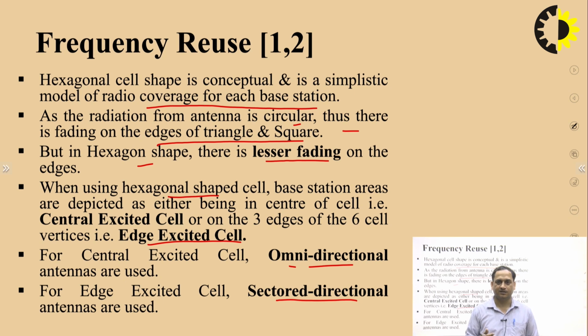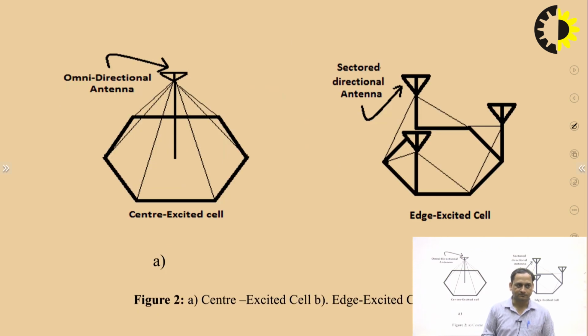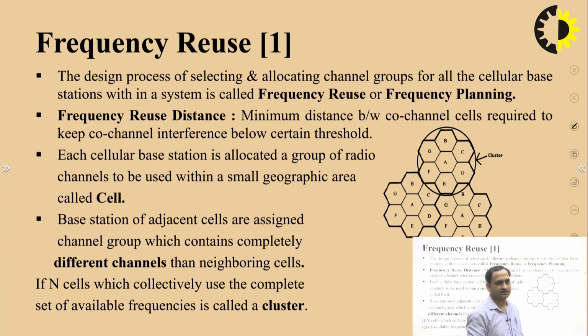But when the base stations are deployed at the center of the cell, these are the center excited cells, where omnidirectional antennas are used. In the edge excited cells, these base stations are connected at the cell edge, right? So these are the antennas which are connected there. So these are edge excited cells.